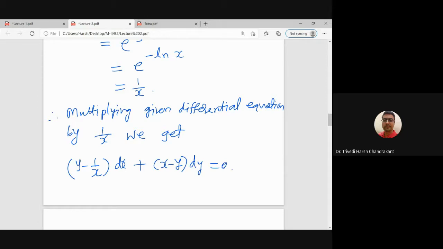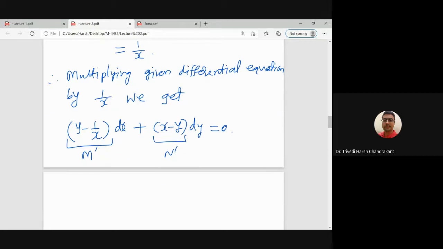So now it is a differential equation. Now we have another m and n. We will call it m dash and n dash. Right? So it is easy to check that del m dash by del y is equal to 1, and that is equal to del n dash by del x. So therefore, the new differential equation is exact differential equation.